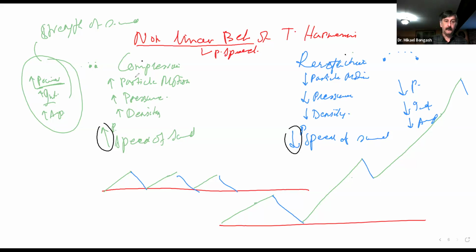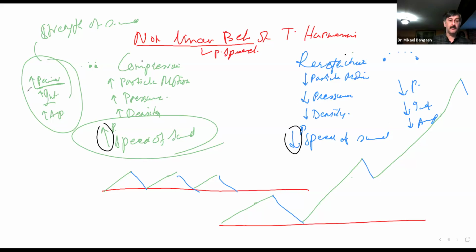So here we would say that during compression, not only will we have a greater speed than what we had during rarefaction, these variables would be greater during compression and lesser during rarefaction.